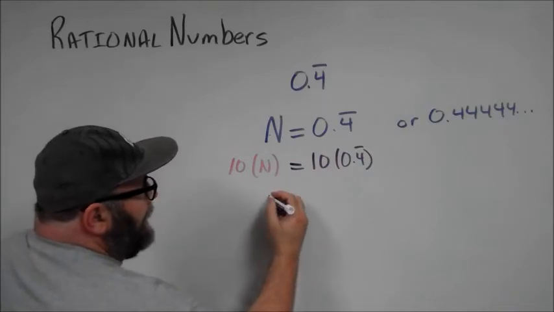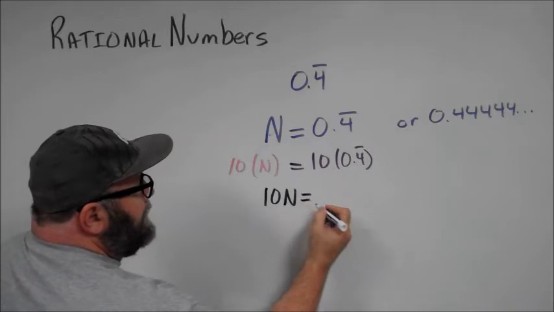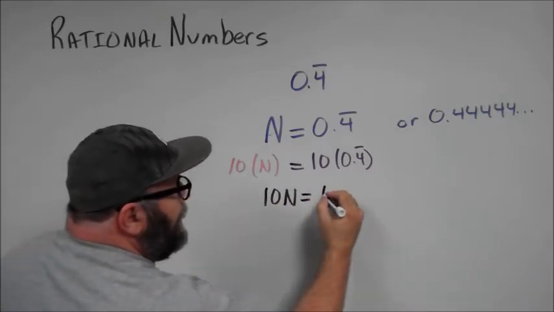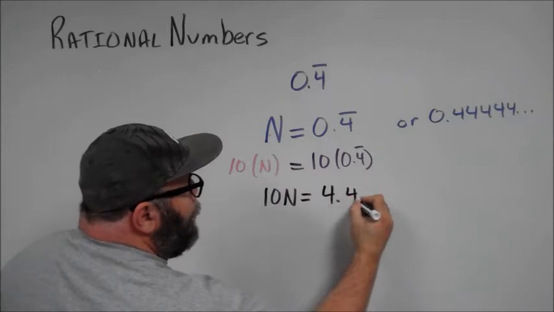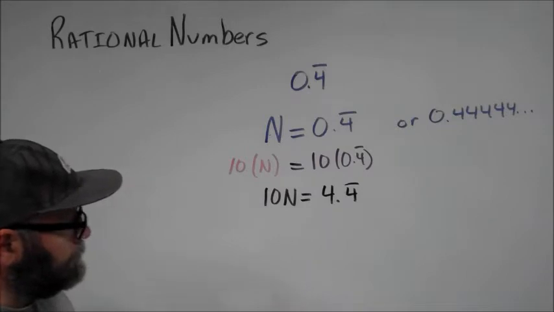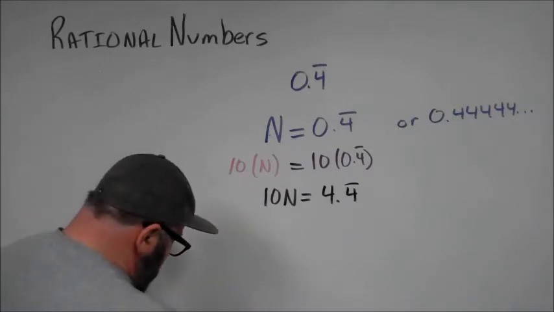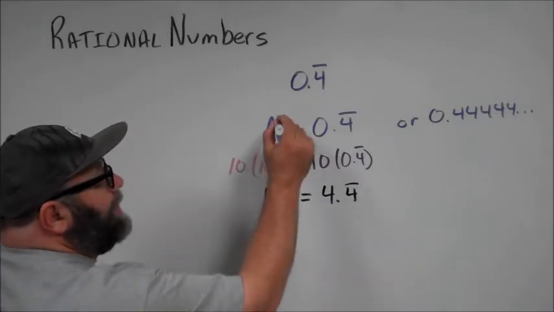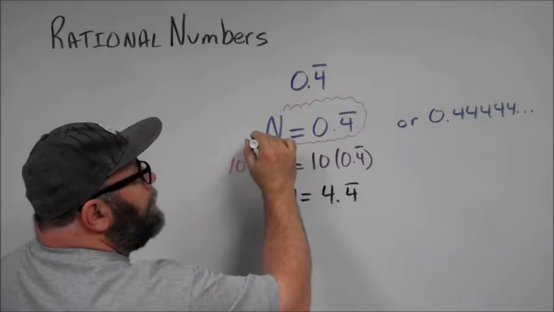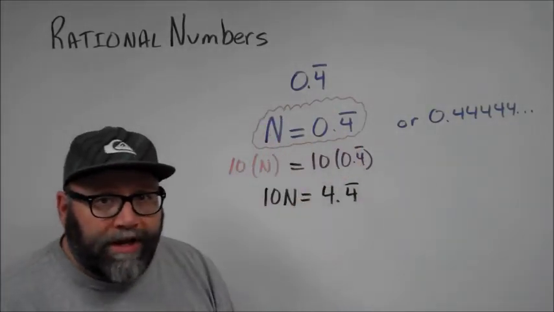That's going to give me 10n is equal to, okay, one of those 4's comes out, and now I have 4.4 repeating. Now we have to go back and look at what this is. If I go back to this spot right here, n is equivalent to 0.4 repeating.